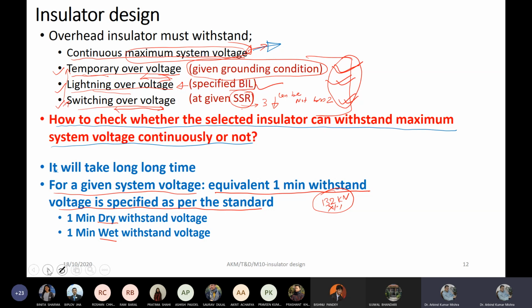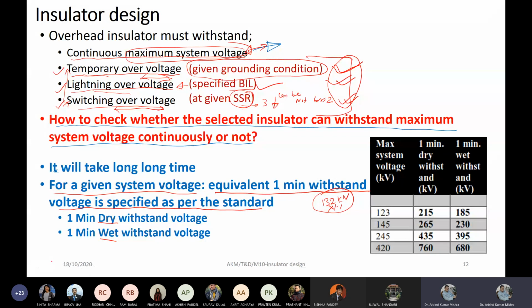So every utility, following a particular standard, specifies what level of voltage should withstand what value of 1 minute dry.